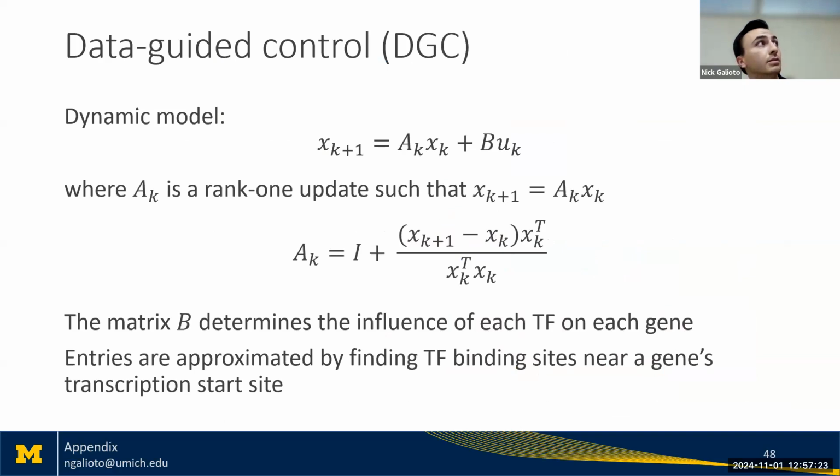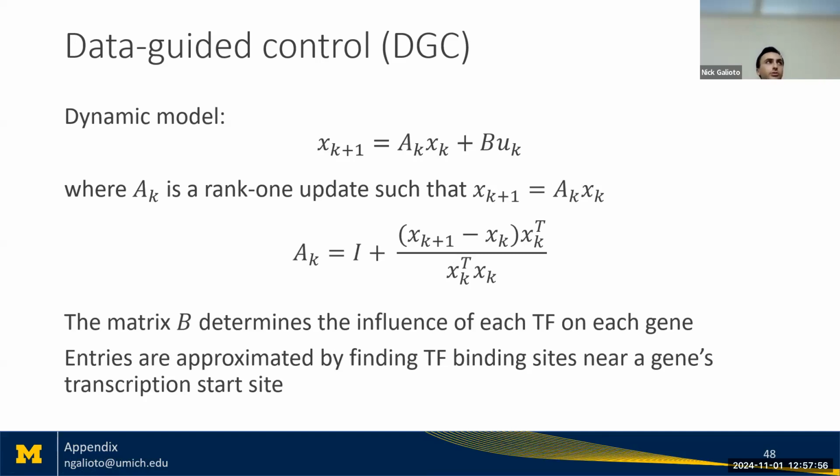So this is the dynamics here. AK is basically a rank 1 update of the identity matrix that satisfies this property here, where xk plus 1 should equal AK xk. And then we have a B matrix that was formed using our knowledge of where transcription factors bind on the genome, and using that as a proxy of which genes are going to be activated by what transcription factors.